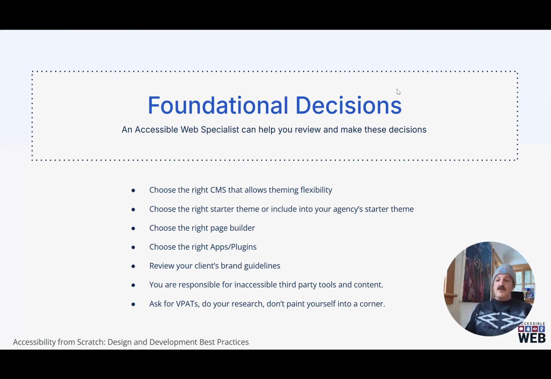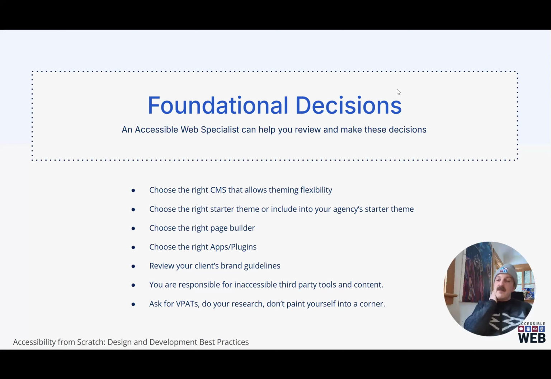There's a lot of platforms out there that don't provide really flexible theming abilities. So you don't want to choose a platform that's not going to allow you to put transcripts on a video, or that's not going to allow you to use ARIA, or that's not going to allow you to change your tab order. So choose the right CMS. All the major ones with theming abilities are great options.